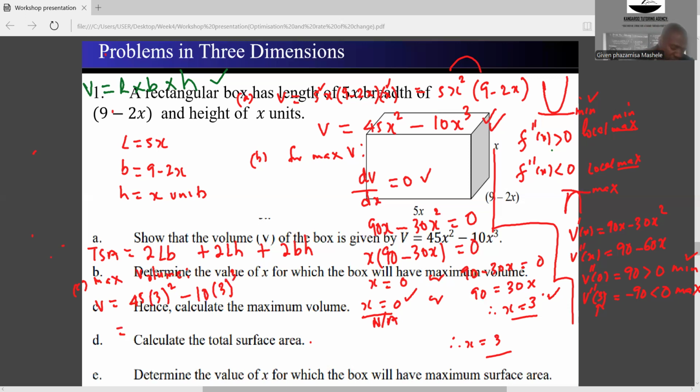So 45 into, not 10 squared, 3, I apologize guys. 45 into 3 squared minus 10 into 3 cubic. And this gives us a volume of 135 cubic units. I believe you guys are following. Then now, moving on to the next question.